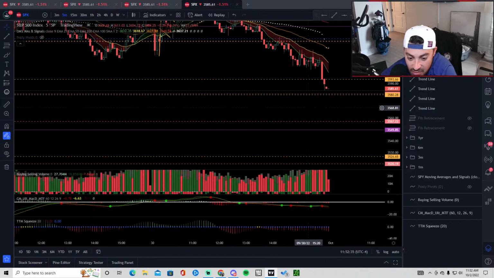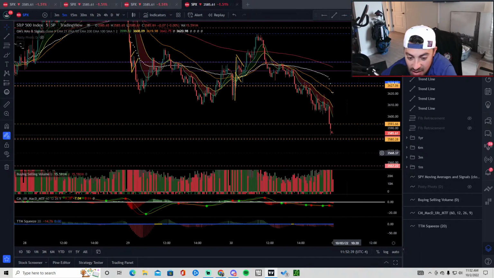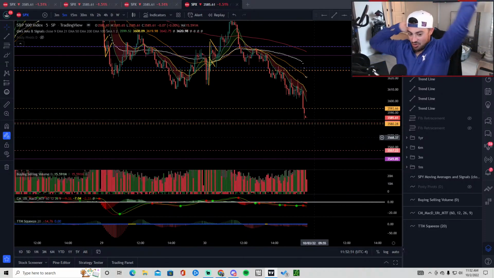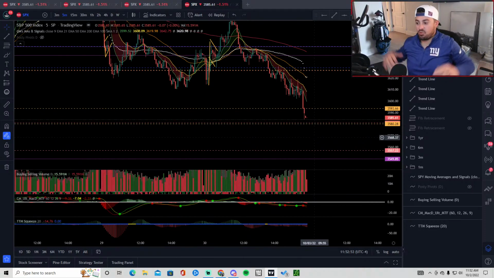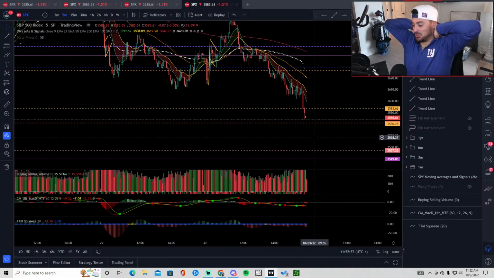I prefer to trade off the 5 minute. Honestly, I like the setups and the confirmation. I would rather trade on the 5 minute with key levels on a higher time frame, because that way I can hold. I want bigger plays. I'm not here to make 10, 15, 20%.